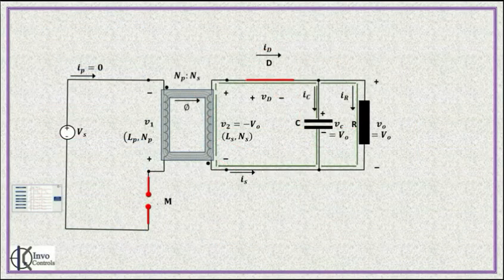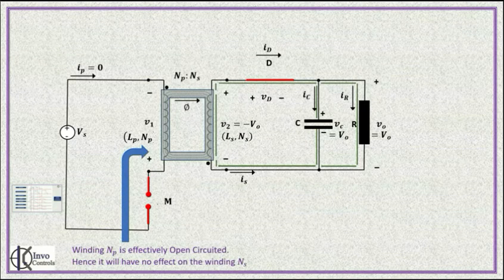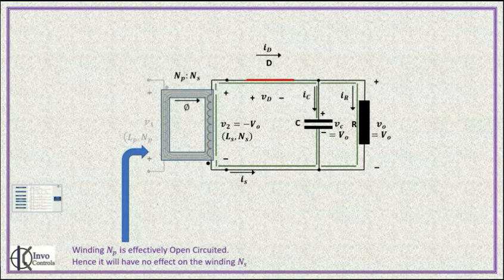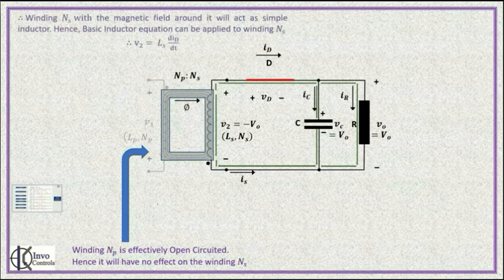Since the MOSFET switch acts as an open circuit, the primary winding is effectively open circuited. Therefore, it will have no effect on the secondary winding. Now, the secondary winding with the magnetic field around it will act as a simple inductor. Hence, the basic inductor equation can be applied to the secondary winding.